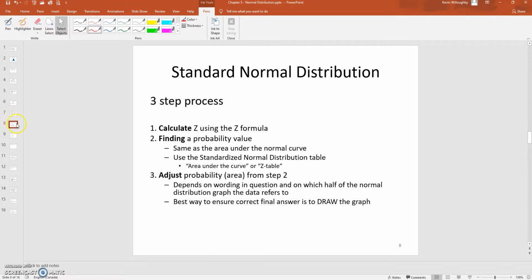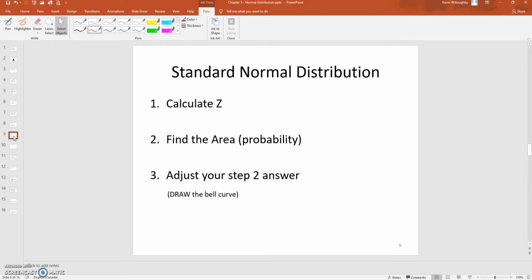This is the three-step process. Instead of going through this in more detail, I'm just going to go into how to actually calculate normal distribution.